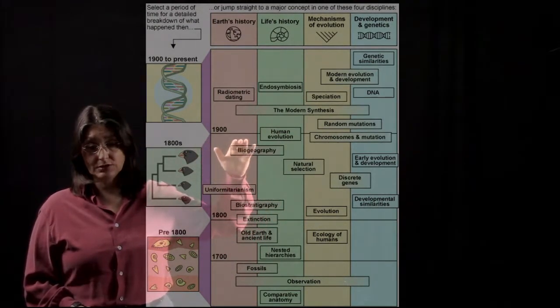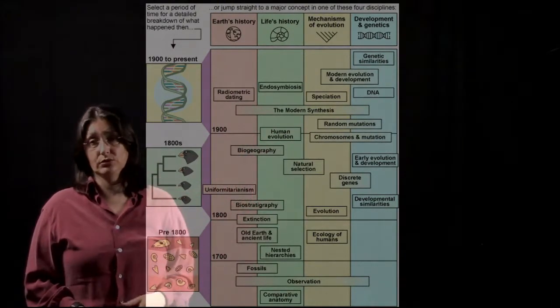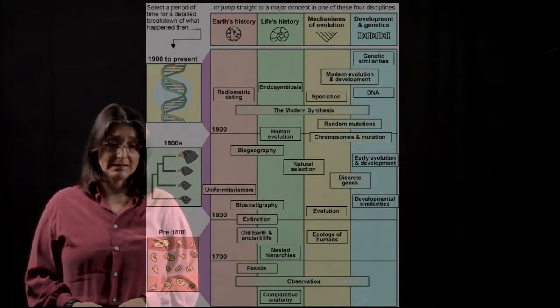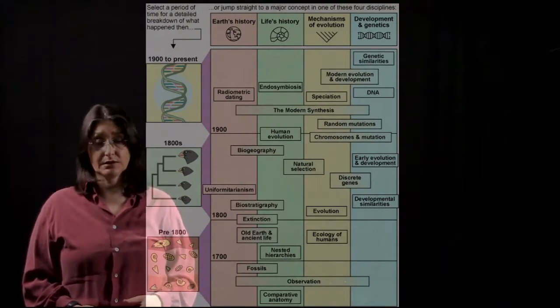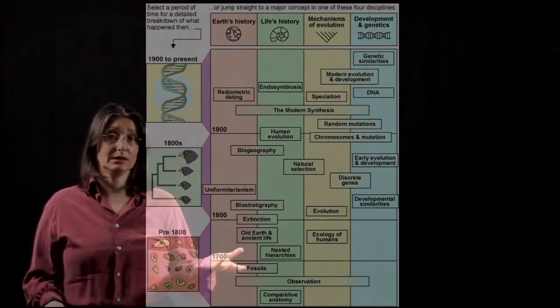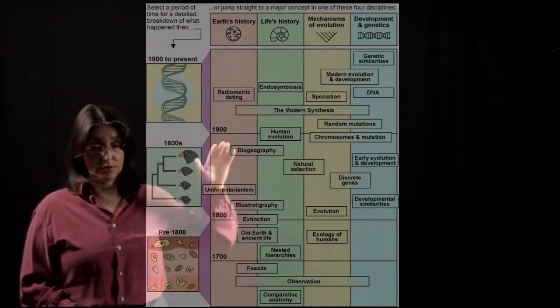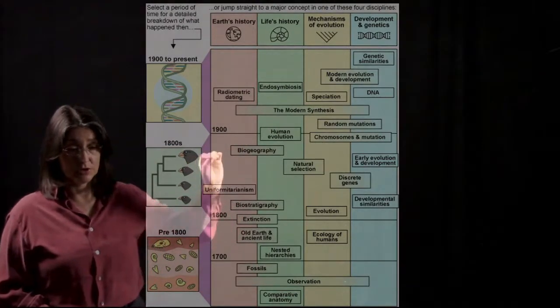So by 1900, at the border between the 19th and 20th century, people already start thinking about how we are connected to all this, what exactly is our connection with the rest of life on Earth, or more exactly, human evolution.